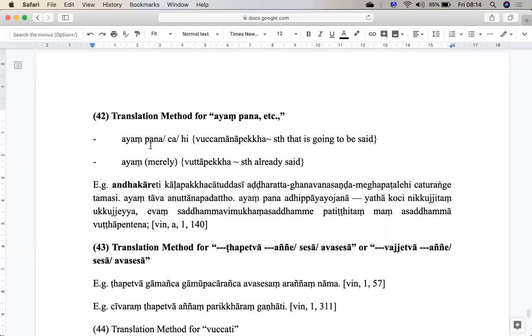Saying something? So, okay, Ayan with the bana, ja, he. So that we can understand that Ayan refers to the later statement, later expression, or later information, later idea. But the word Ayan alone, that is vuttapekkha because something already said.